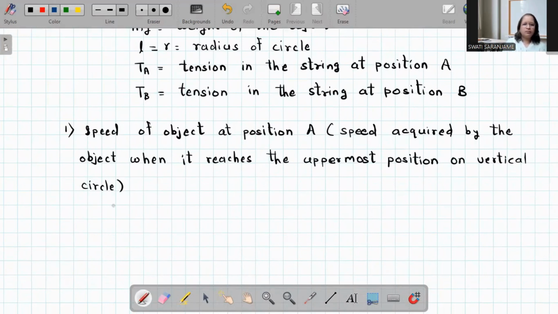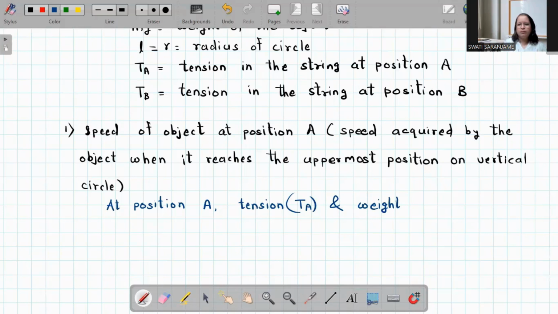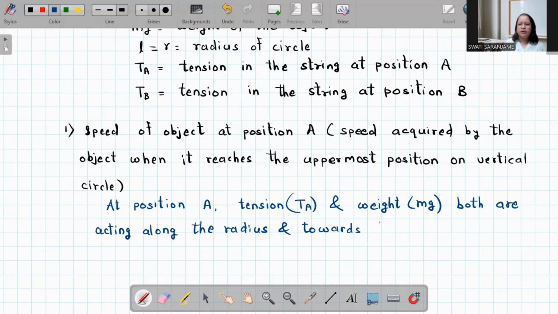At position A, tension TA and weight mg are both acting along the radius and towards the center.